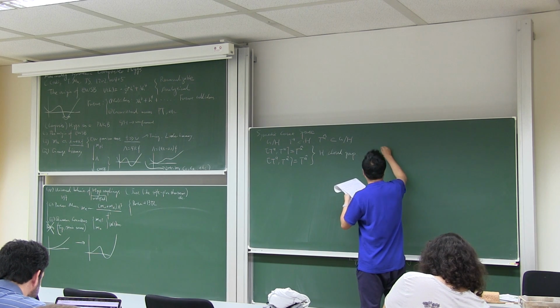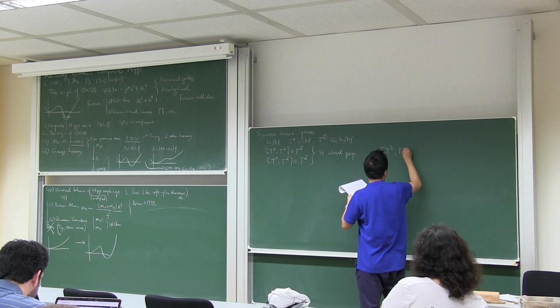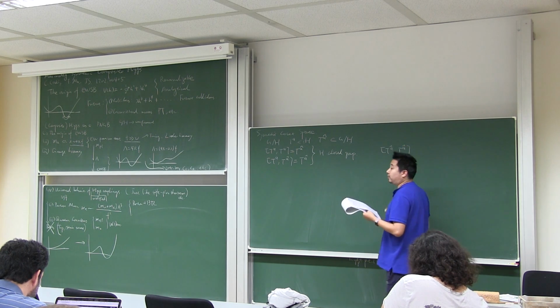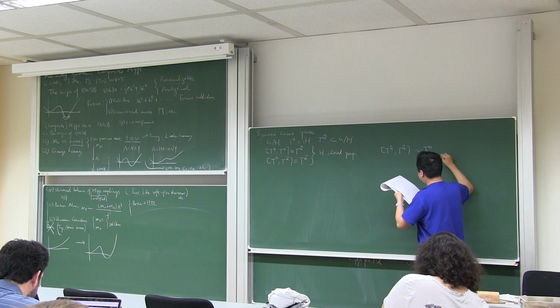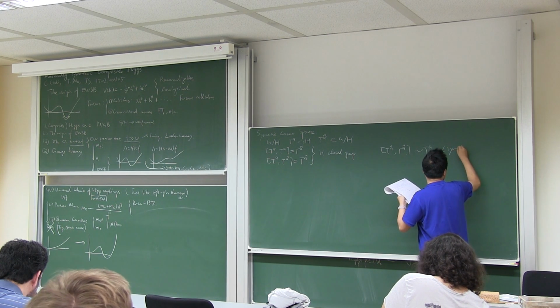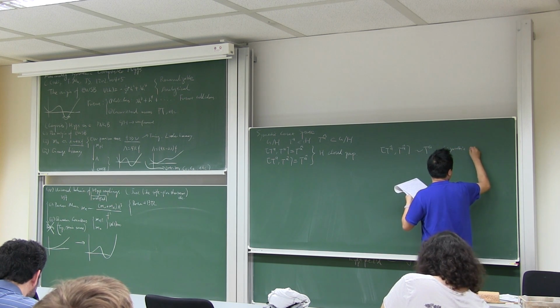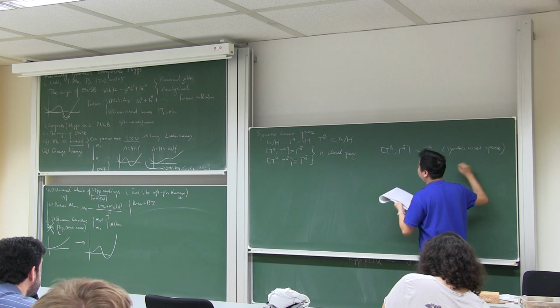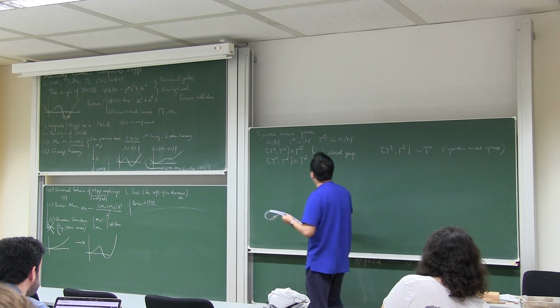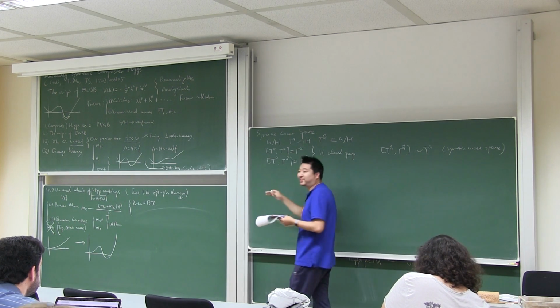There's another important thing: two broken generators give you an unbroken generator. If this is true, this is called the symmetric Coset space. In the first one, you mean that T^a equals T^a? Yeah. Oh, sorry.